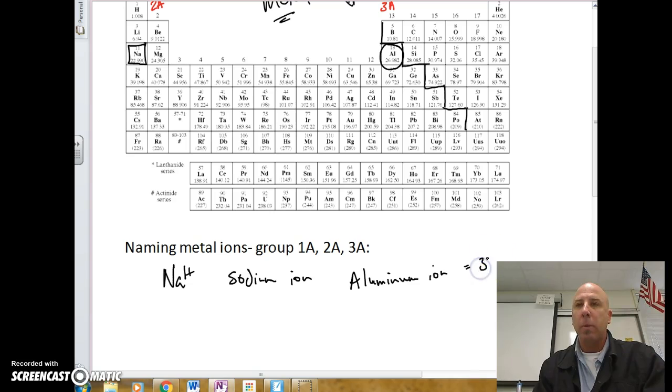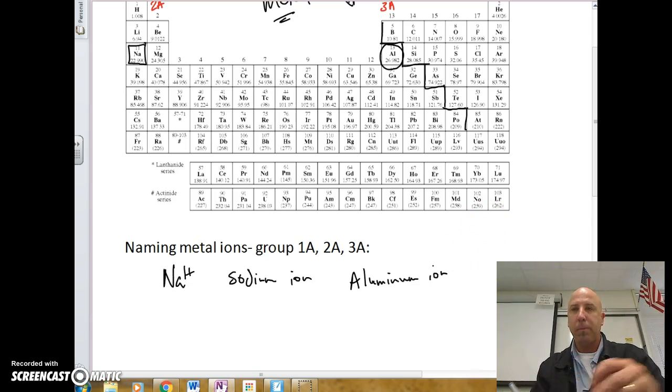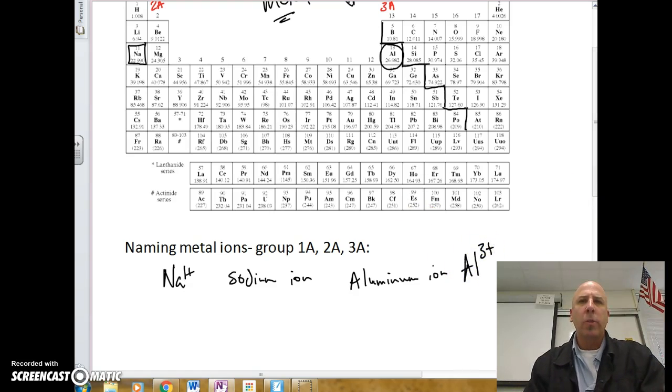That would be aluminum with a 3 plus charge. Let's rewrite that actually with a symbol. Al3+. So those guys are really easy. Now, again, when we get into our transition metals, which are located here, these will have a different type of naming convention, and we'll get to that in a little bit here.